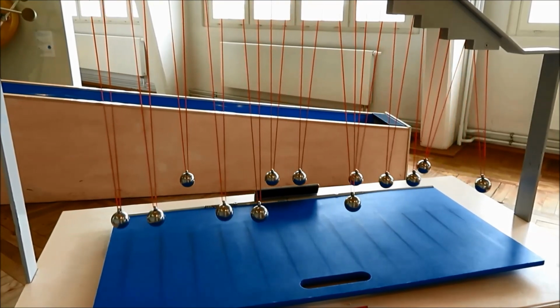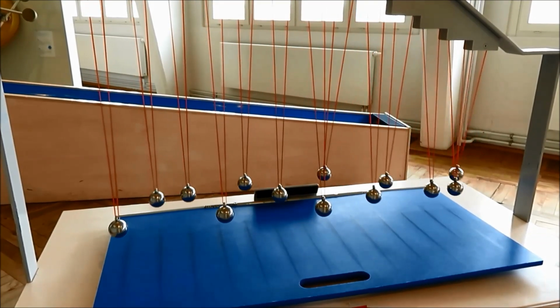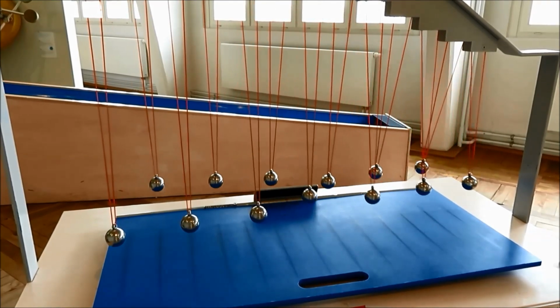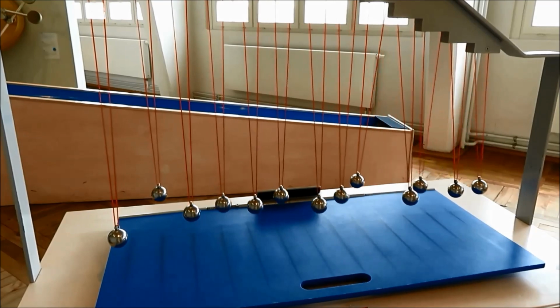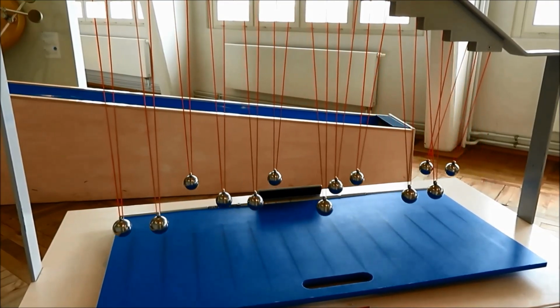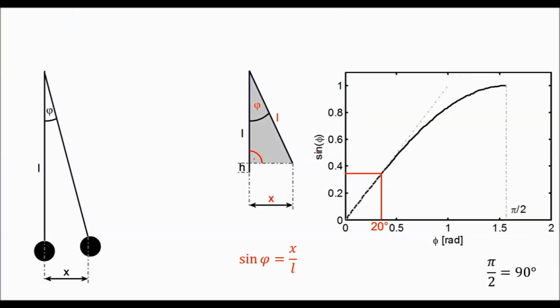We already saw that the pendulums swing by angles that are in a range very close to one another. However, in this range of, say, below or around 10 degrees, the sine of the angle can be approximated by the angle itself. So, sine of phi equals phi. Now, you may ask, why is this important?